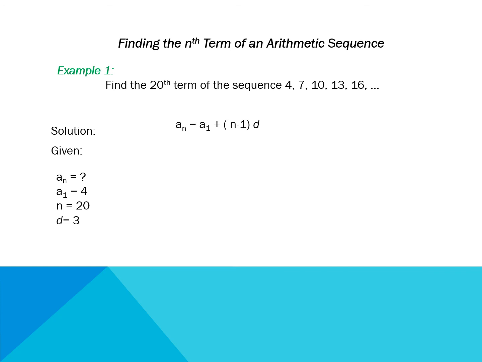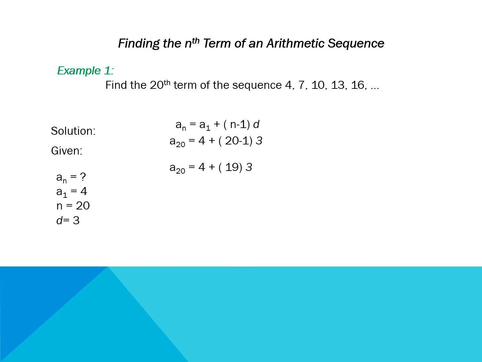Let's apply algebraic manipulation to solve the problem. We have a sub 20 since our n is 20. The first term is 4, next is the quantity 20 minus 1 times 3. Got it? a sub 20 is what we are looking for. Subtract 20 and 1, we get 19.